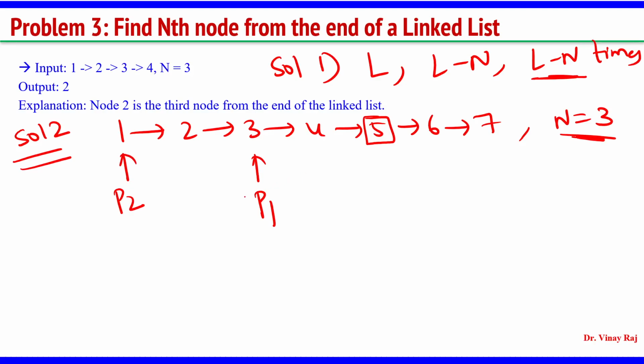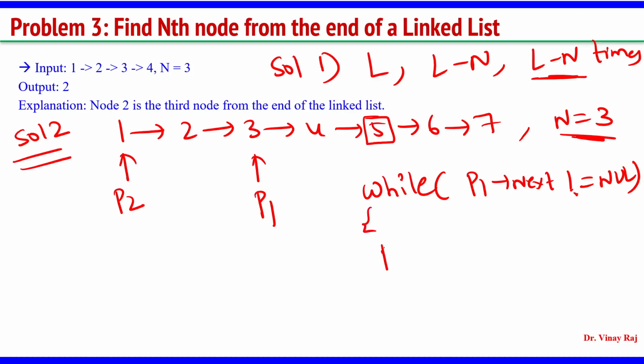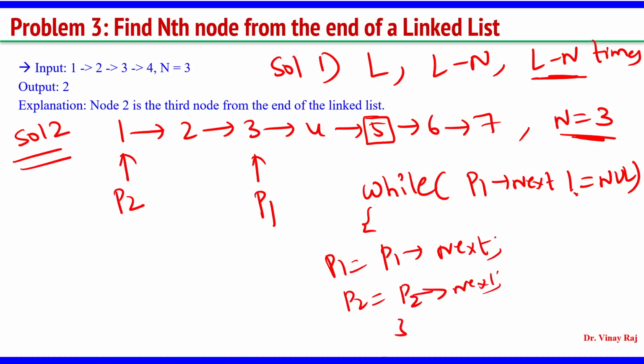Now, what you have to do? Simply move them while P1 next is not equal to null. Until this condition, keep moving forward, both: P1 equal to P1 next, P2 equal to P2 next. We are just moving them one step forward.